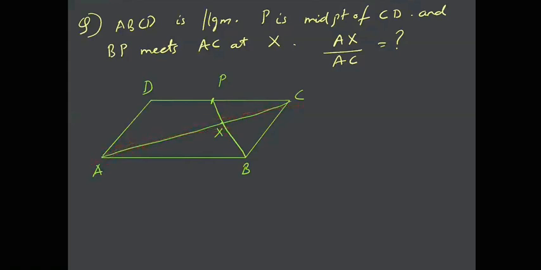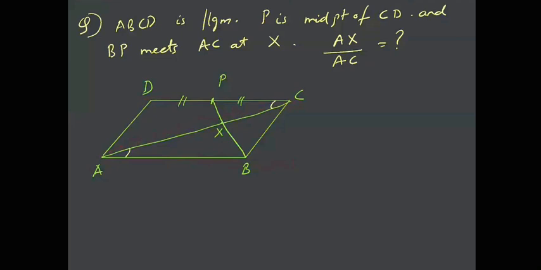Okay, fine. So since P is the midpoint, these two sides are equal, and since this is a parallelogram, I can say that DC is parallel to AB, right? Now, if DC is parallel to AB, then angle DCA should be equal to angle CAB, because these are alternate interior angles. So this angle is equal to this angle. Okay.